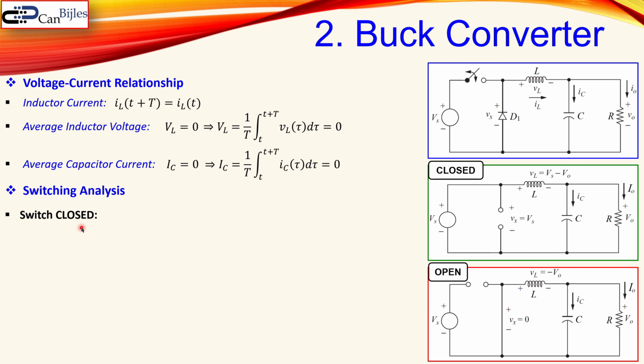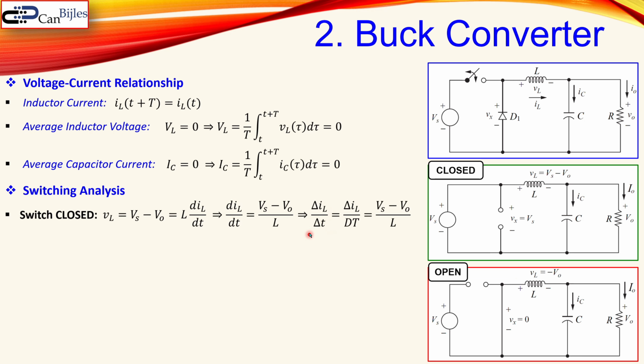When the switch is closed, we know that the VL here, using Kirchhoff's voltage law, is equal to Vs minus the voltage across the load, which is then this. But since the inductor voltage is given by L dIL/dt, from physics, we can also write it like so. So divide the left and right side by L, and then make the differential part into the delta variation.